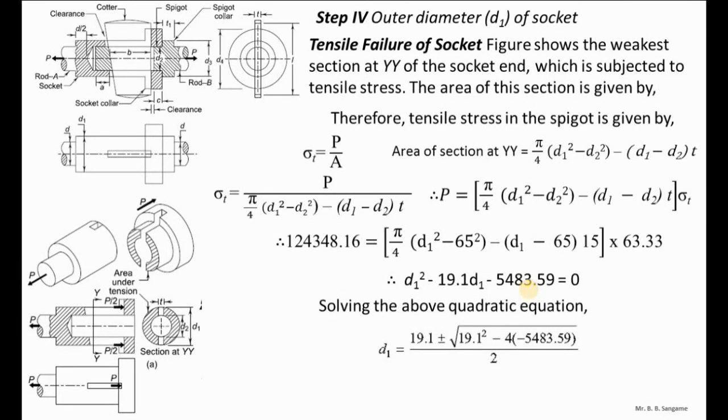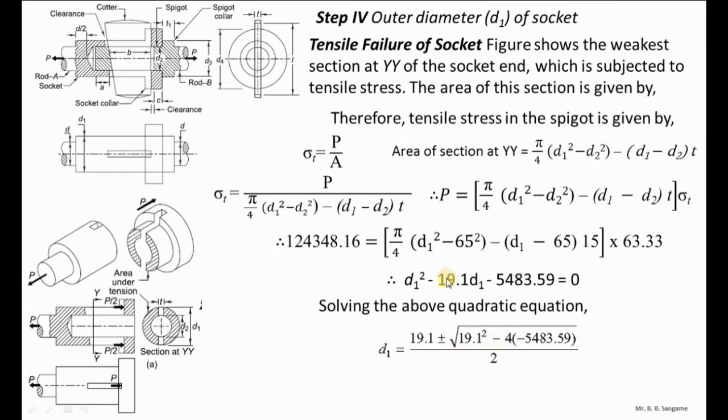d1 is equal to minus b plus minus root of b square minus 4 into a into c, divided by 2 into a. So here b is the coefficient of d1, which is minus 19.1, so minus minus will be plus, plus minus root of b square minus 4ac.